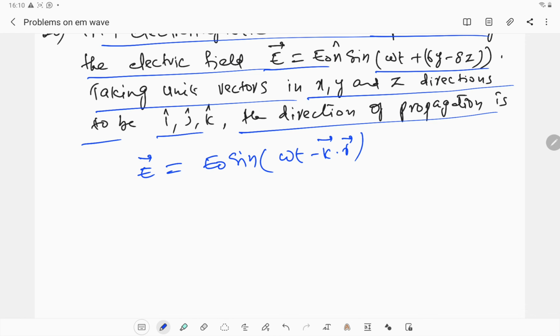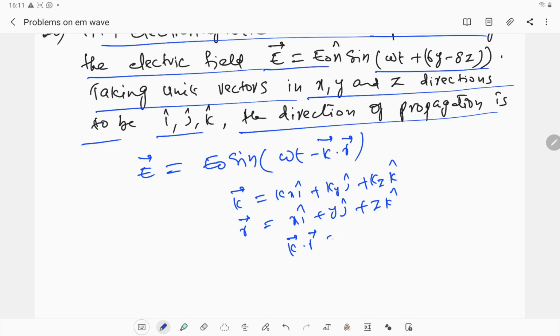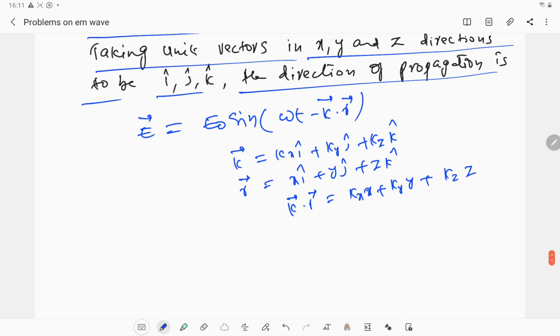Here r bar is position vector, k bar is wave propagation direction. This becomes k bar is equal to kx i cap, ky j cap, kz k cap. This I already explained in theory. R bar is equal to x i cap plus y j cap, z k cap. Therefore, k bar dot r bar is equal to kx into x plus ky into y plus kz into z.